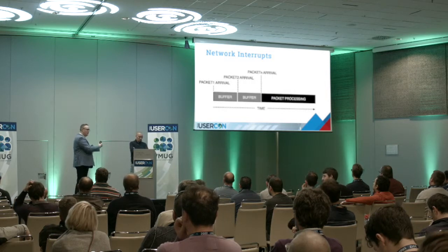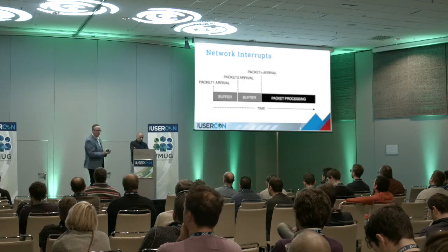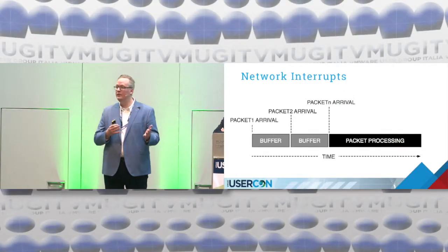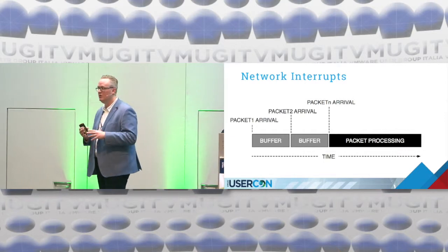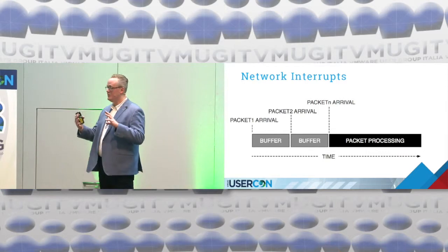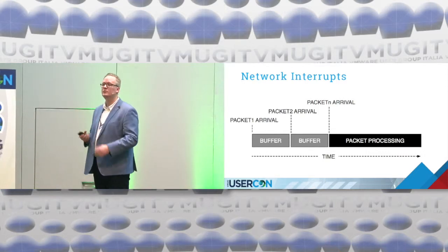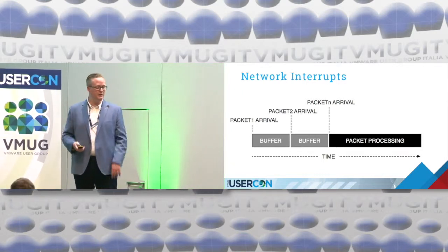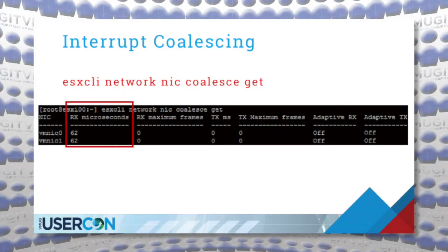Those packets are being buffered up to a certain point, and then an interrupt will be generated, and that's actually a hardware or a software interrupt which signals the CPU to process those packets. And because we are processing multiple packets at once, that allows for CPU saving, because fewer cycles are actually required to process the packets. So interrupt coalescing is one of those features.